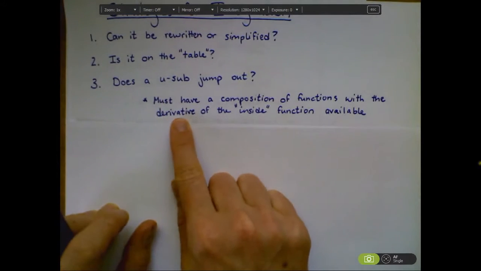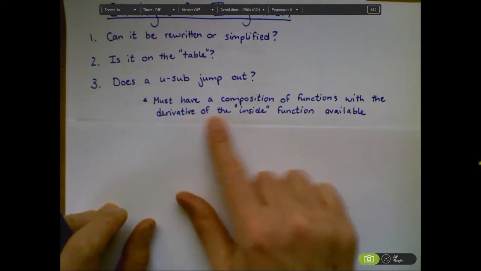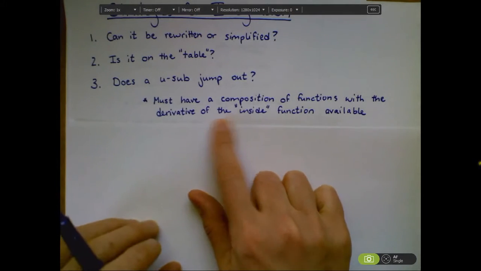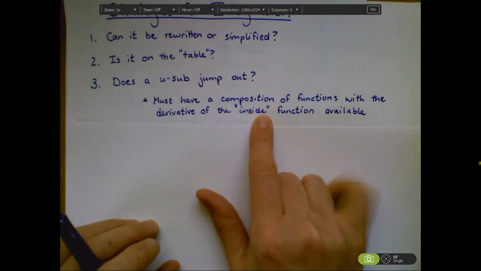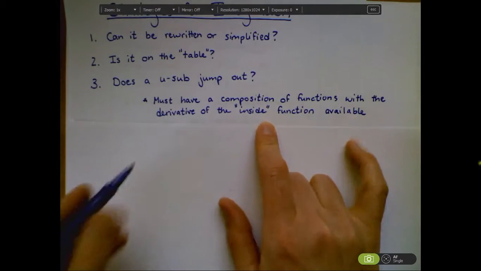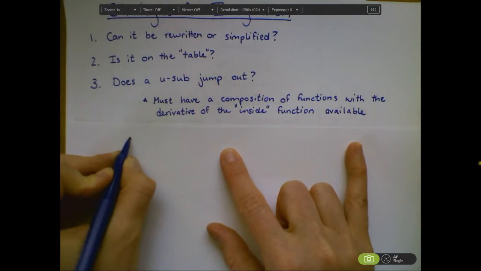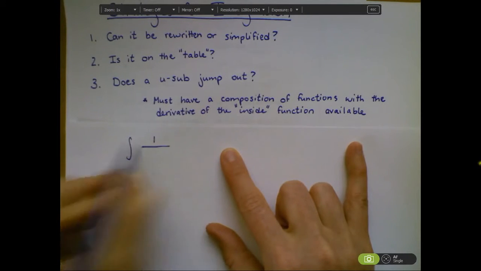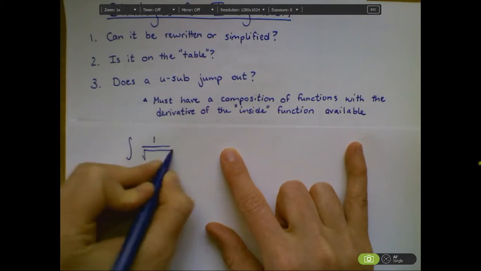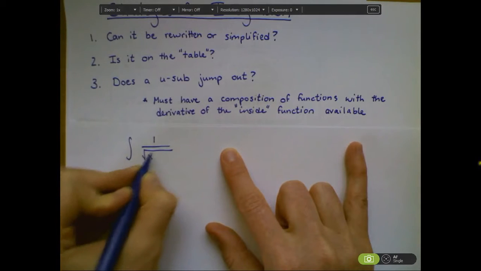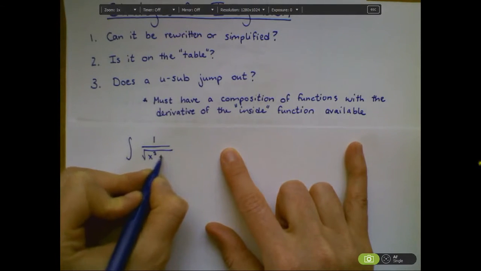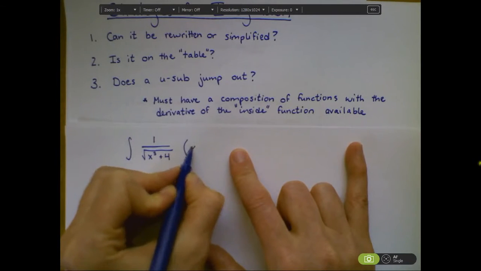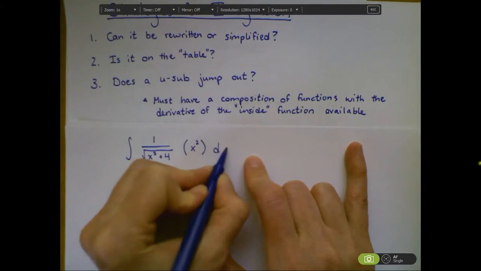In order to use a u substitution, you need to make sure that you have a composition of functions, a function within a function, and the derivative of the inside function is somehow available. A classic example would be 1 over the square root of x cubed plus 4, all times x squared dx.